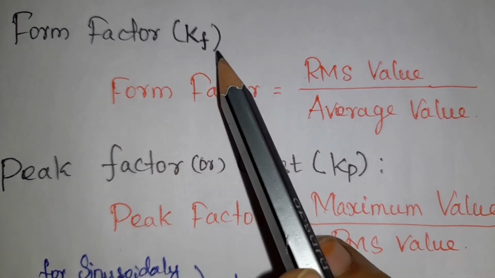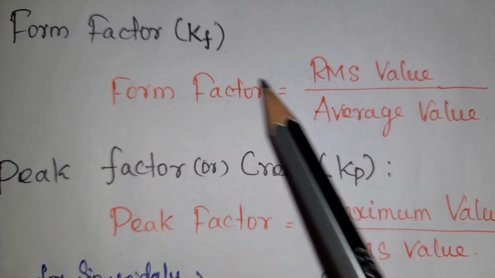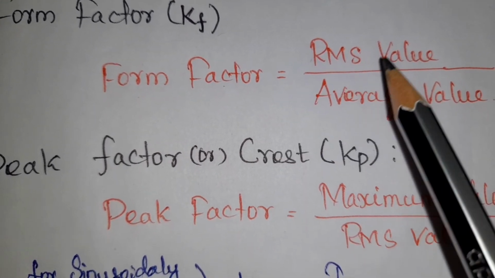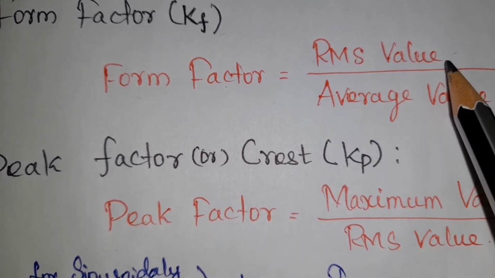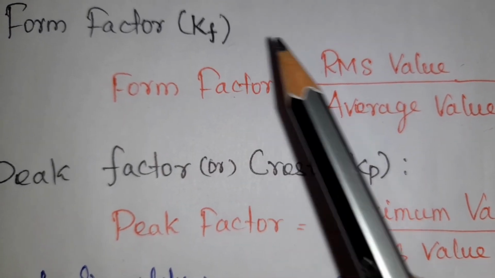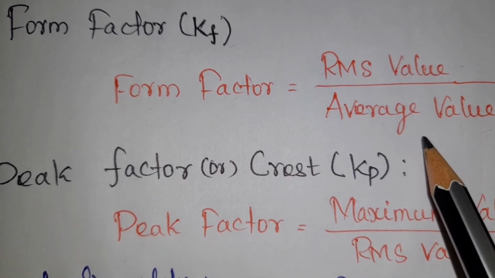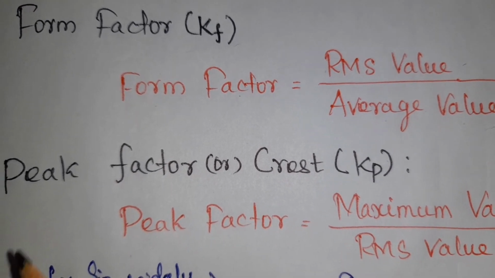Next, form factor. Form factor is equal to RMS value divided by average value. It's a basic formula for some problems. So form factor FF is equal to RMS value divided by average value.